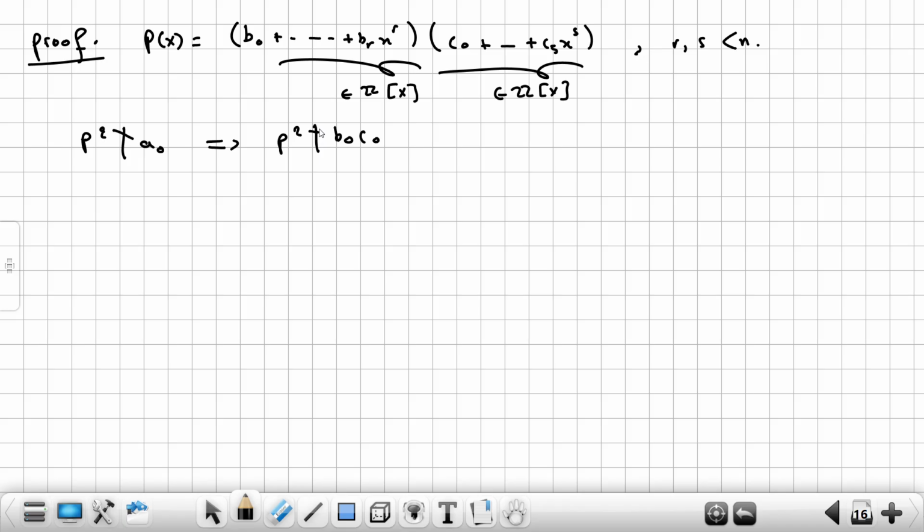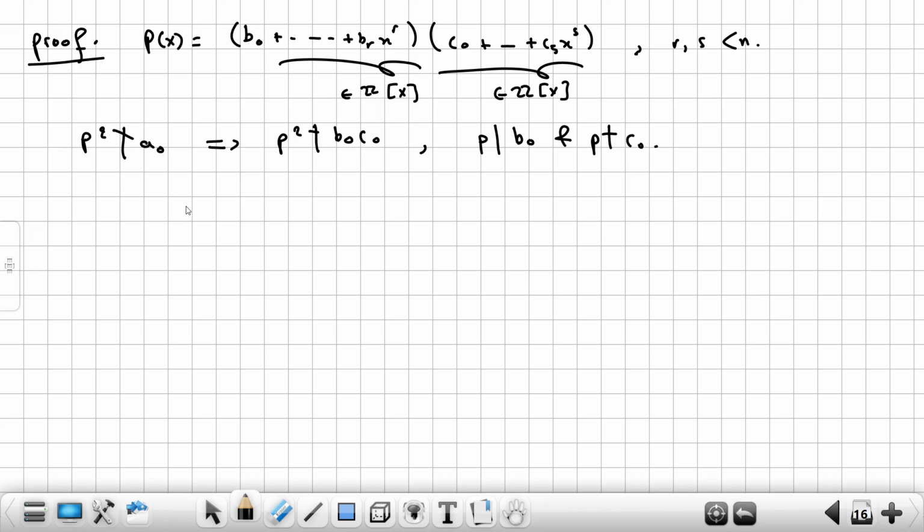So p must divide one of them, either b0 or c0, but cannot divide both, since if p divides both b0 and c0, then p squared divides a0, which contradicts our assumption on p. Now we choose, without loss of generality, that p divides b0 and p does not divide c0.